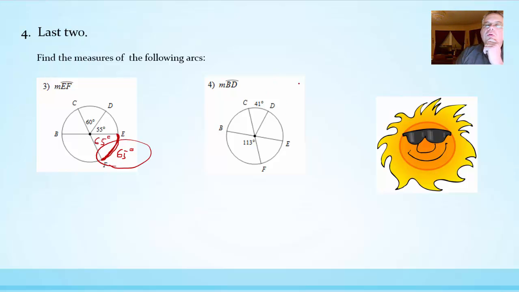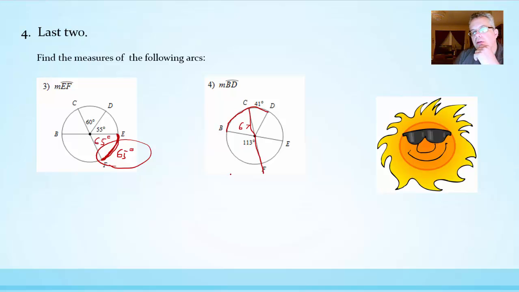All right, one more. This is the last one. BD, that's from here to there. Okay, what can we do here? Oh, I see. These two angles right here add to 180. So this must be 67. See the straight line right here? So that's what I was using.